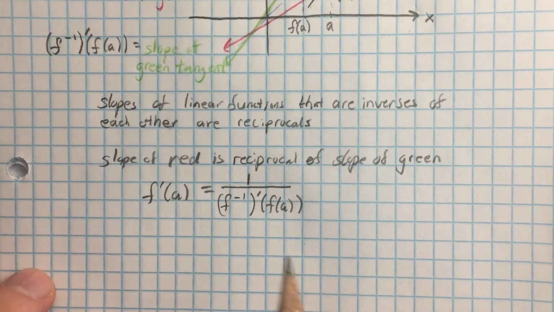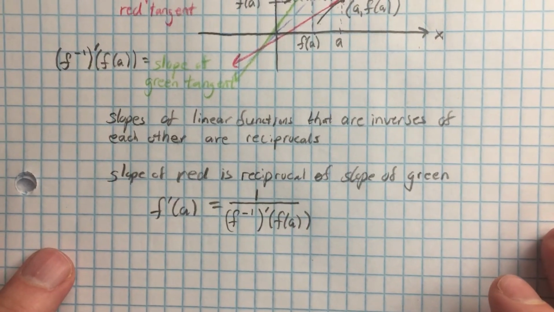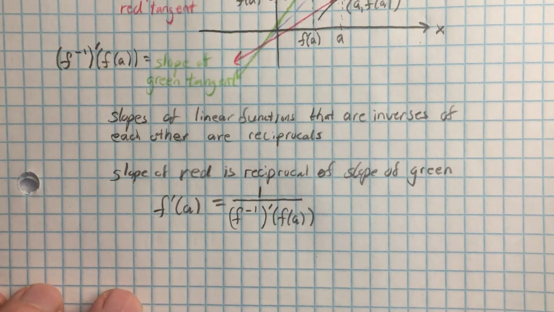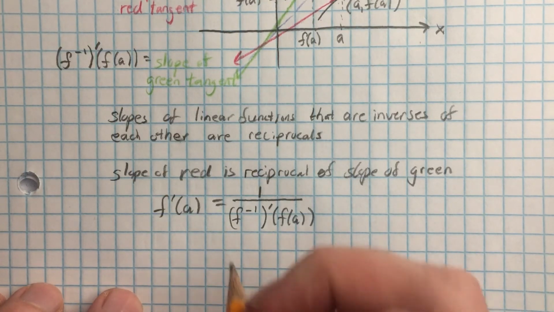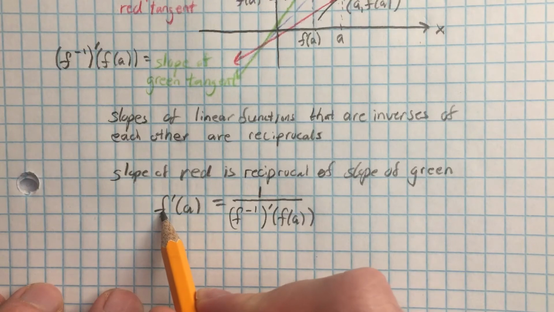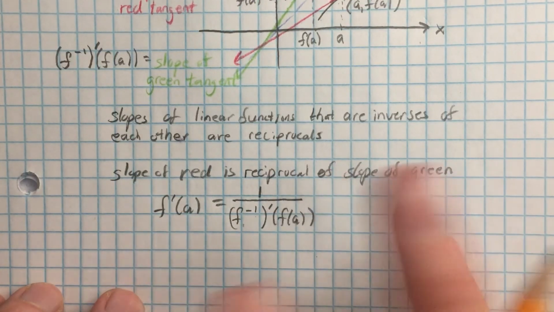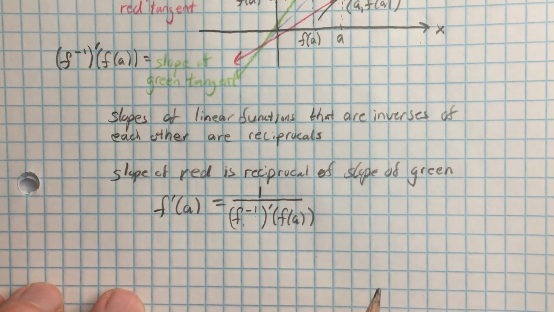But calling one by f and the other one by f inverse is really an arbitrary choice. So I can actually replace f here with f inverse and f inverse with f, because which one I call the inverse really doesn't make a difference. They're inverses of each other.